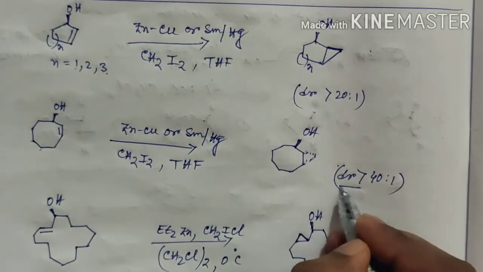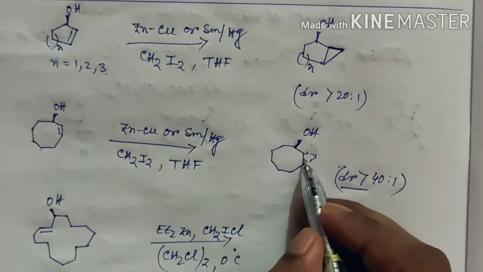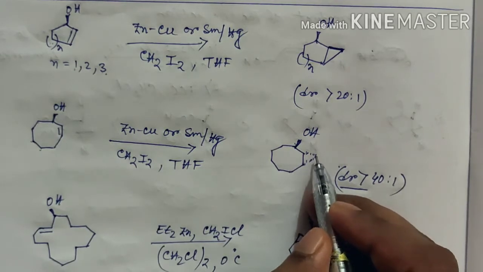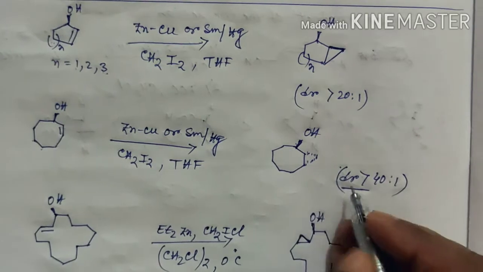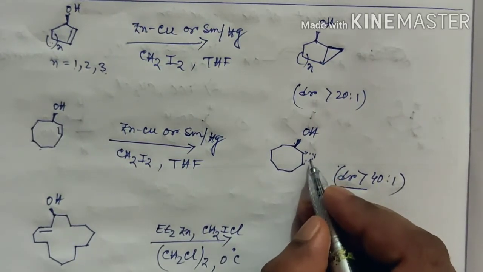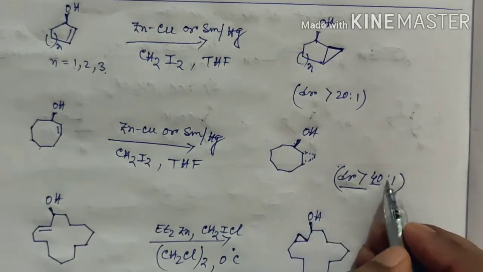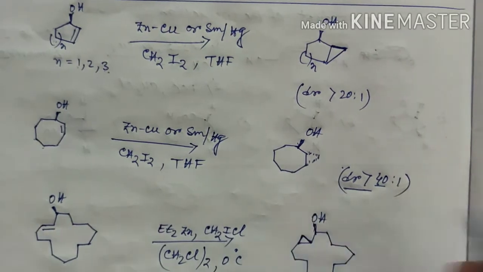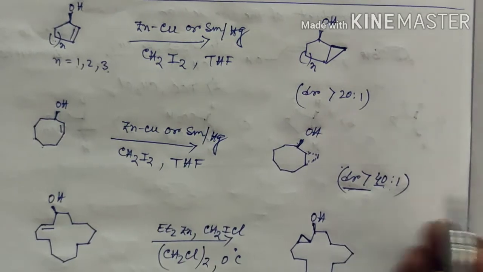and the diastereoselectivity, since the products in which the cyclopropane ring is below the plane and the other possibility, above the plane, will be diastereomers to each other. The diastereoselectivity ratio for the below ring formation is 40 with respect to 1, that is for the cyclopropane ring above the plane, and the ratio is greater than 40:1.